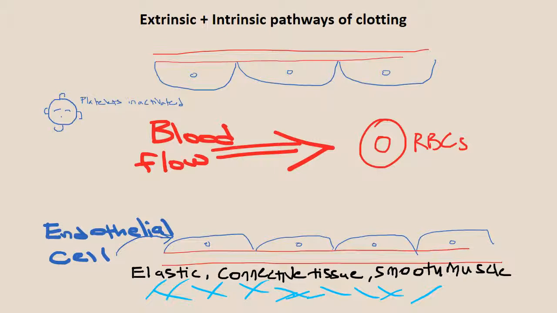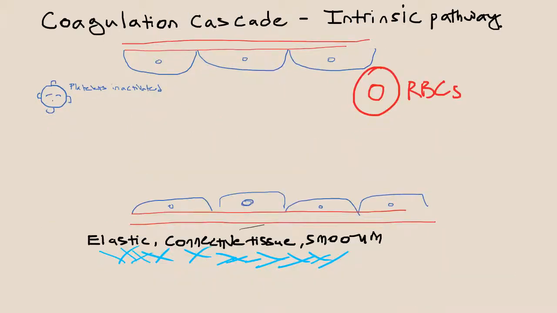Blood flow decreases the probability of inactivated factors interacting with one another. Inactivated platelets and red blood cells are also ubiquitous to the circulatory system. Every day our circulatory system experiences thousands of microtraumas due to activities of daily living. The analogy that I heard that I really like is eating a bag of Cheetos.